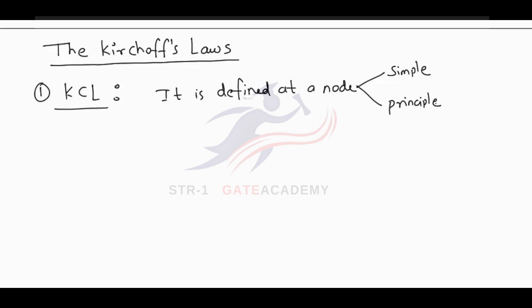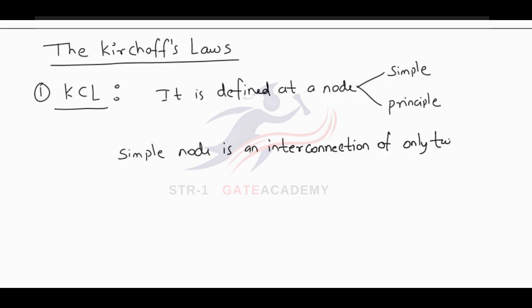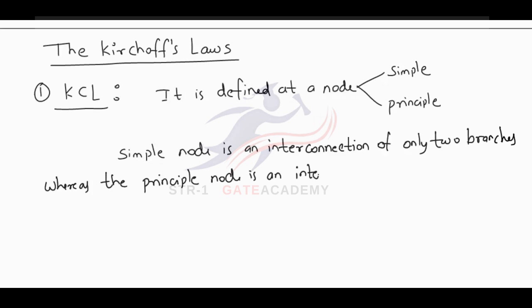Now what is simple node and what is principal node? So simple node is an interconnection of only two branches, whereas the principal node is an interconnection of at least three branches.